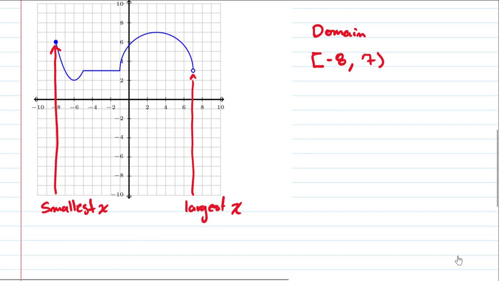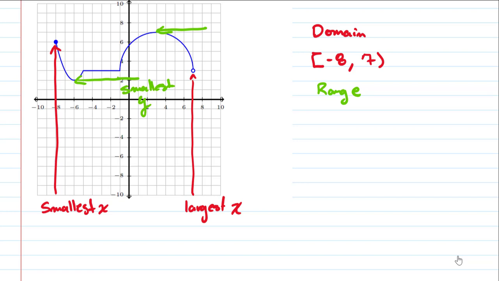And we're going to do something similar for our range, but we need to find our smallest y and our largest y. So our smallest y is right here, and our largest y is going to be right here. So our y that's furthest down is right there, and we're going to have 2, and we make it to it, so we do a square bracket, and we make it all the way up here to our number 7.